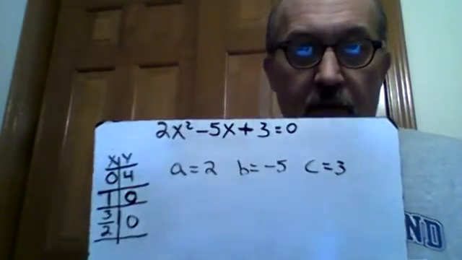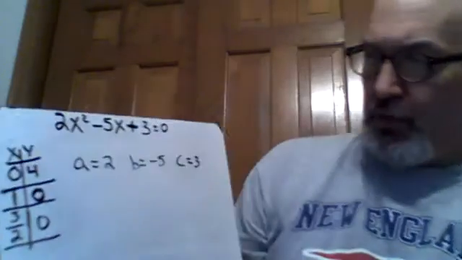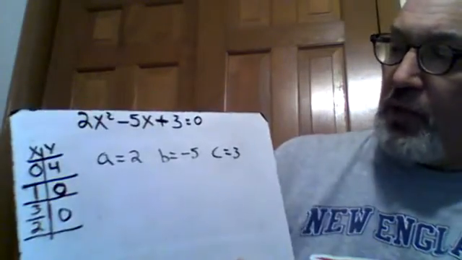Finally, the quadratic formula. And with this particular function, a is 2, b is -5, and c is 3.